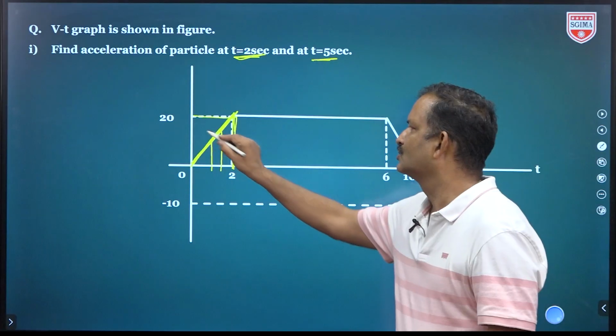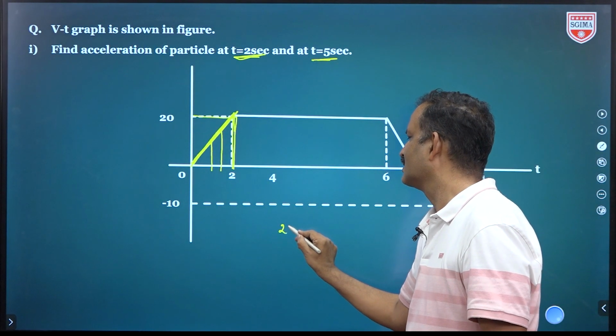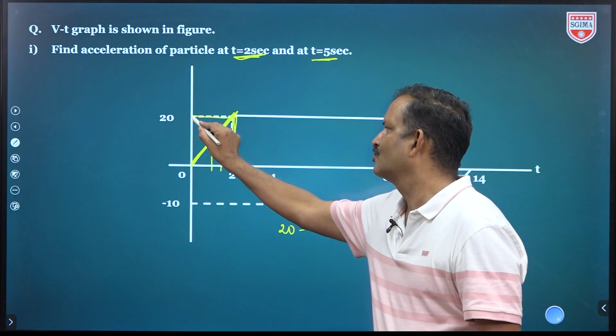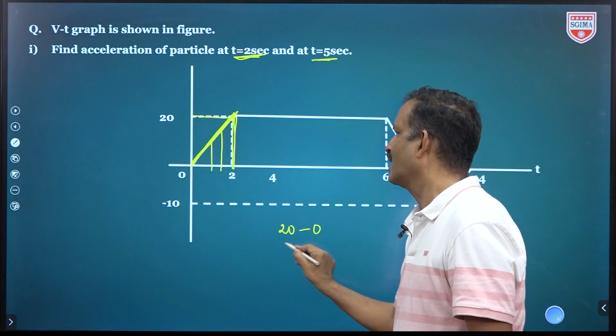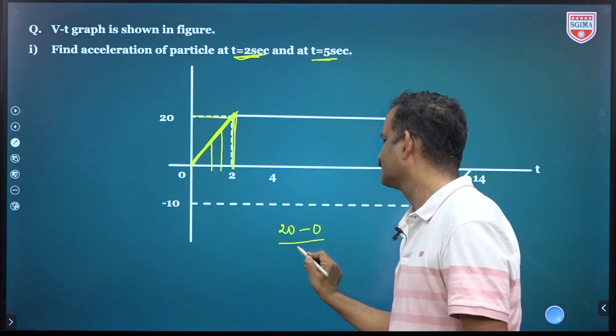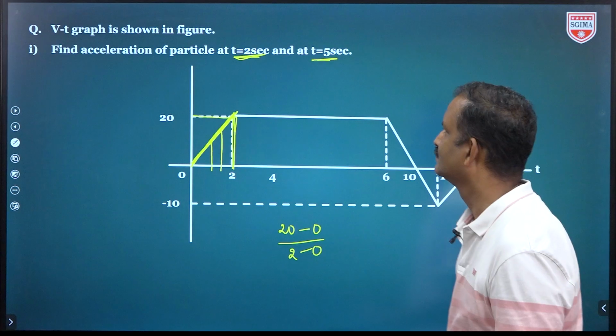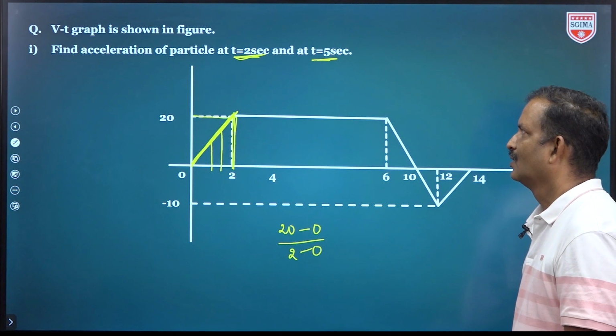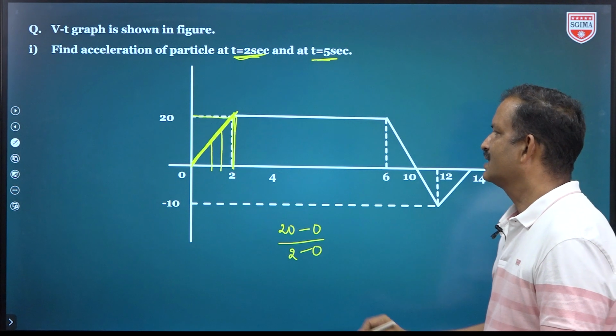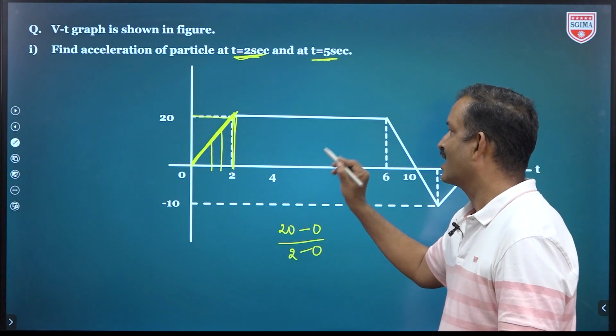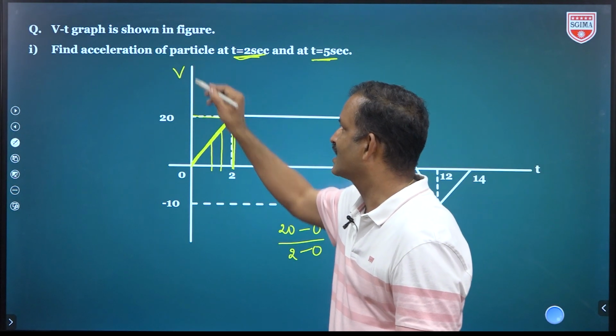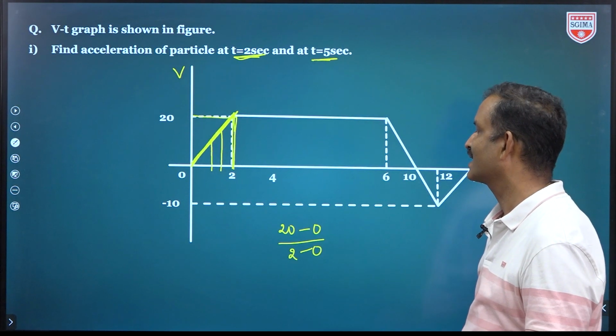Slope is equal to y2 minus y1 by x2 minus x1. So, this is the slope of the velocity time graph. Slope gives the acceleration.